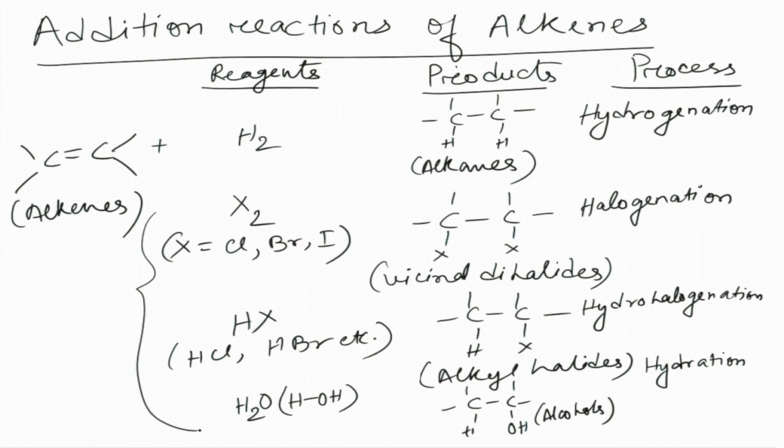All these methods we had read when we were talking about the preparation of alkenes. These reagents are formed by elimination to form alkenes. So, these are the addition reactions of alkenes. We will study them one by one.